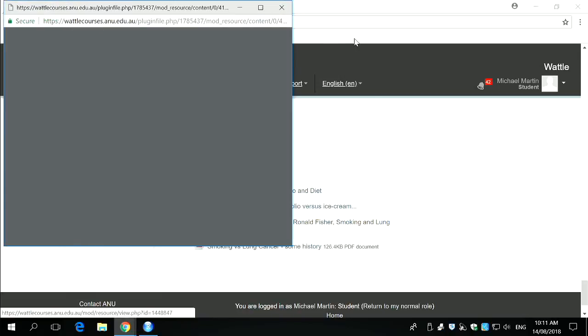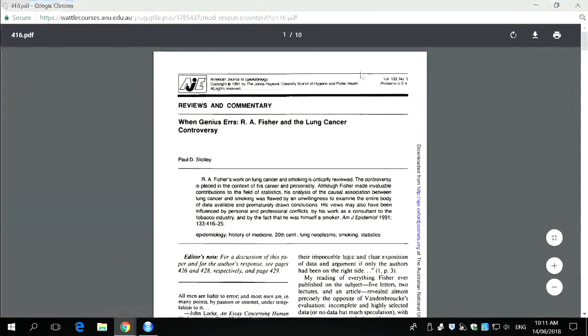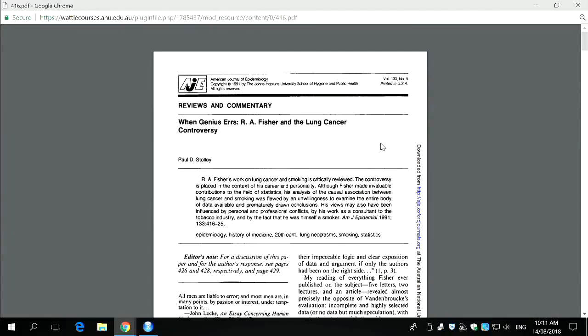The second thing I put up here, which is really interesting and worth reading, and look, I'm putting up a lot of reading here, and I know you guys have limited time, but this one is a really fascinating story about Sir Ronald Fisher. I've mentioned Sir Ronald Fisher a few times in this class.